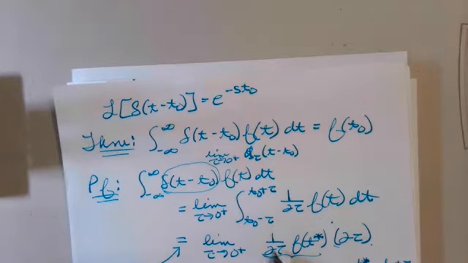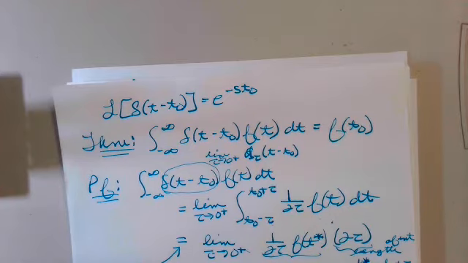So now what you see is that the 2 tau is the length of the interval, and this is the value of the integrand at some intermediate point. And so the 2 tau and the 1 over 2 tau cancel. So this just becomes the limit as tau goes to 0 from above of f of t star.